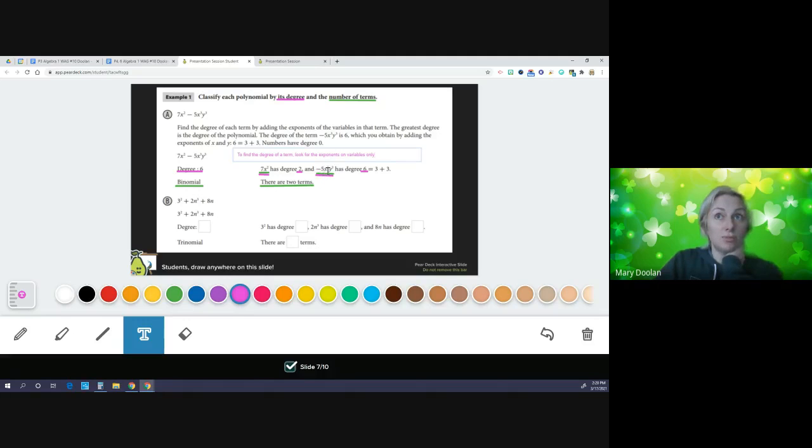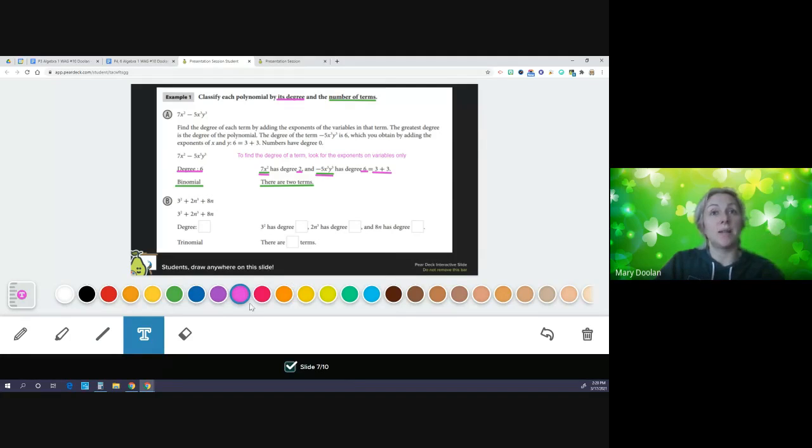Negative 5x cubed y cubed: x is a variable, y is a variable, exponents 3 and 3. When there's more than one, you have to add them together. 3 plus 3 is 6. So that's what happened here. We had to add them together because there was more than one.